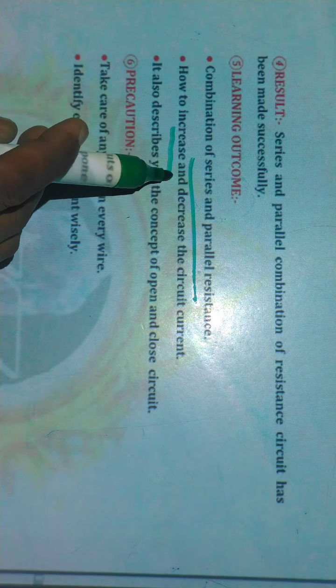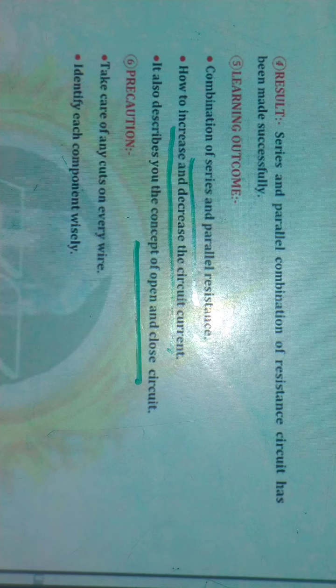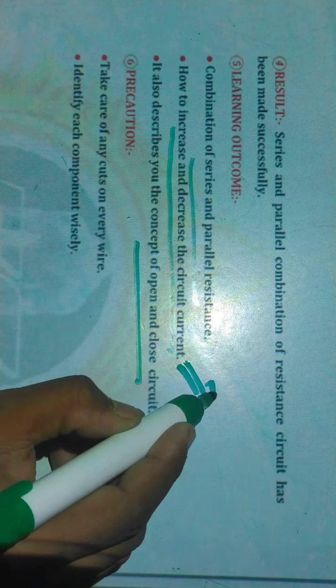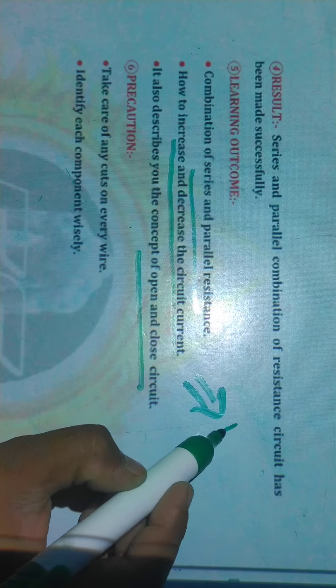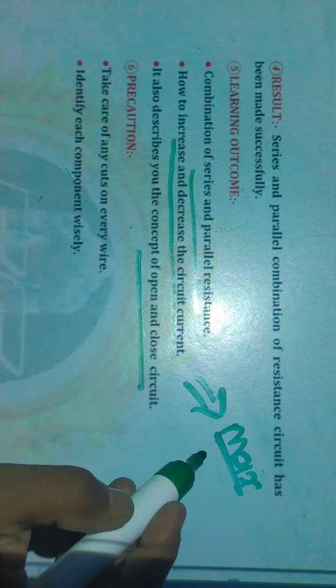The series and parallel combination of resistance, how to increase and decrease the circuit current. Okay, and describe the concept of open and closed circuit. So first you learn the second concept, increase and decrease of circuit current. If the circuit has more current, then the intensity of light increases proportionally.